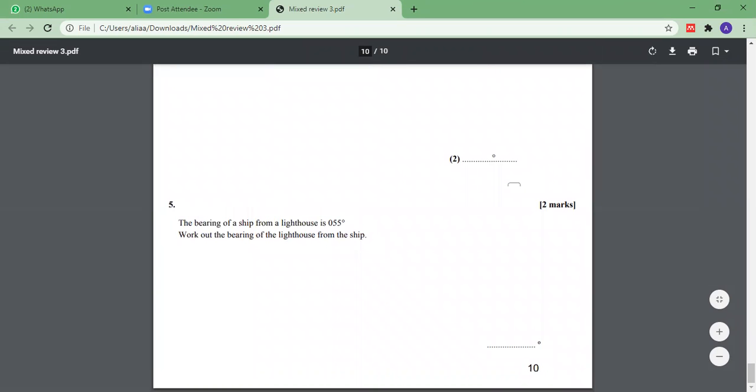Yes, question 5. The bearing of a ship from a lighthouse is 55 degrees. Work out the bearing of the lighthouse from the ship.